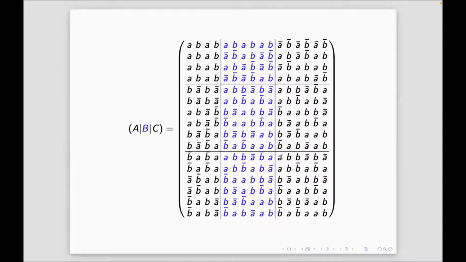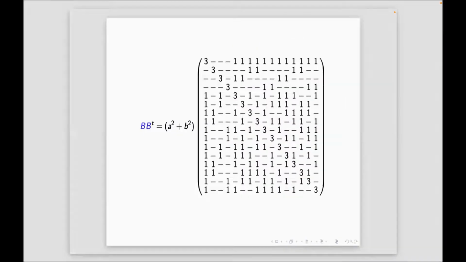So this is an example of a balancedly splittable orthogonal design of order 16. And indeed, if you multiply B by B transpose, we're going to get off diagonal either A squared plus B squared, or minus A squared plus B squared. And indeed, the same is true for the third part, namely for the part C, as was shown on the graph.